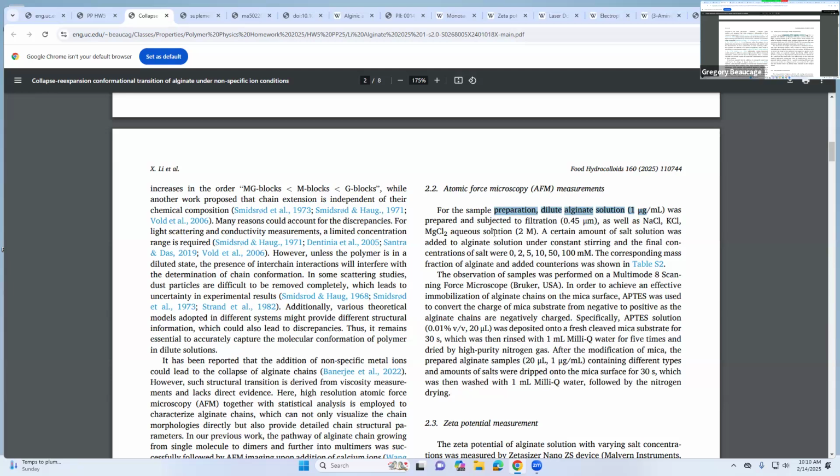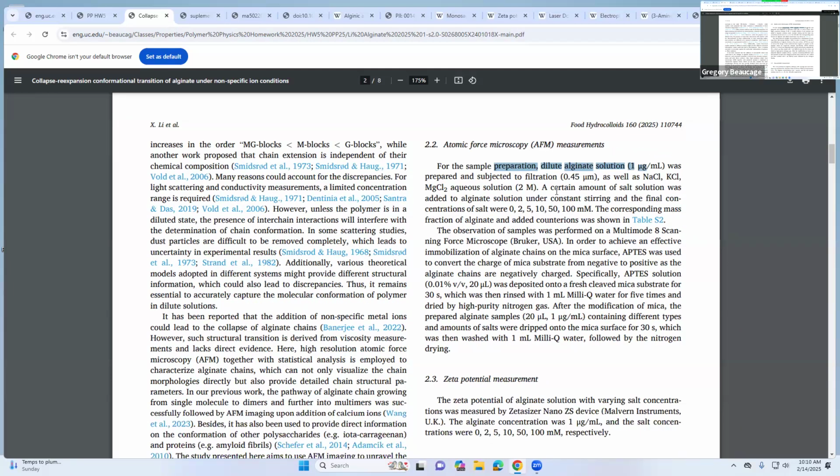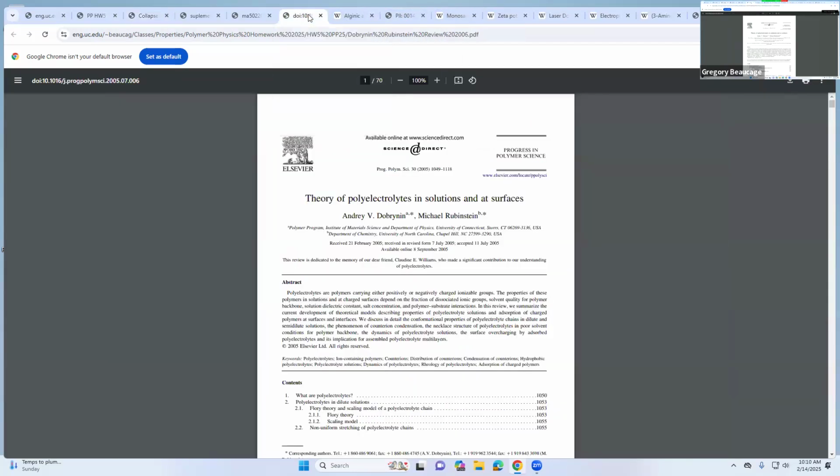So they do that. Then they're looking to see the effect of salt. You do the OSF model thing, which is somewhere here.